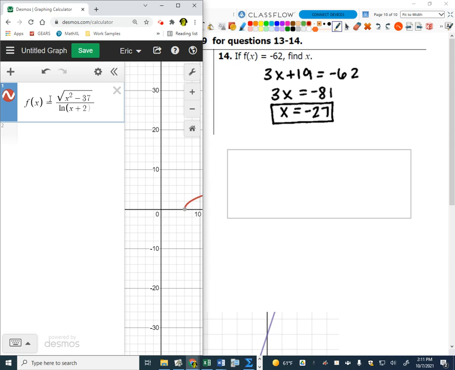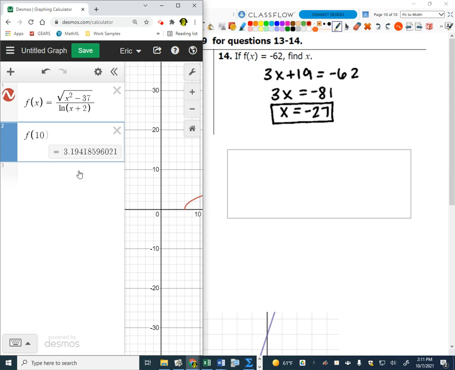And I want to be able to plug values in and get outputs. Then I want to use function notation. If I want to calculate f of 10, that's easy to do then, right? That's the advantage of using the function notation.